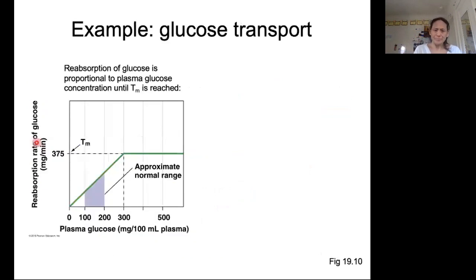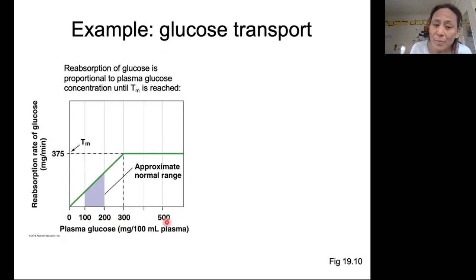Okay, so here is a specific example of this situation using glucose transport. So what you're looking at on the left here, this graph is basically that same graph that you saw in the previous slide, but it's specific for glucose, right? So we're looking at specific plasma glucose concentrations.